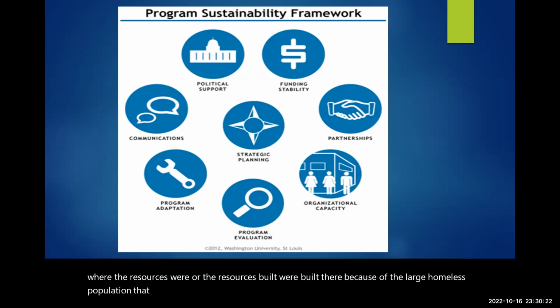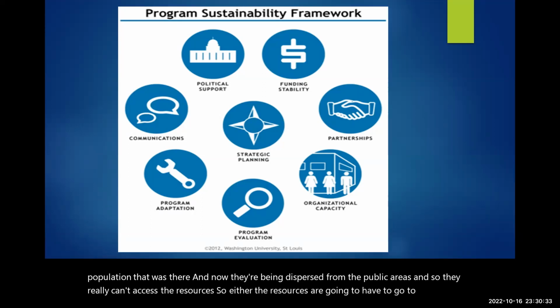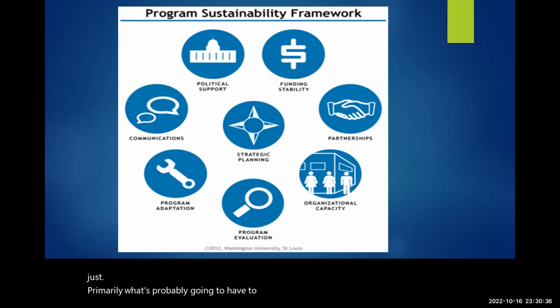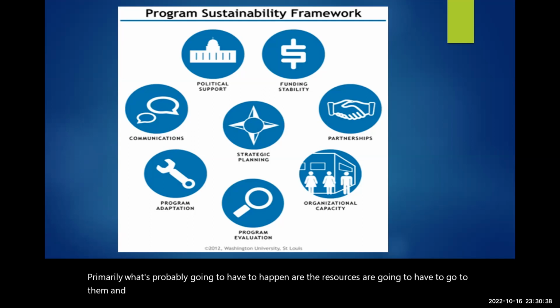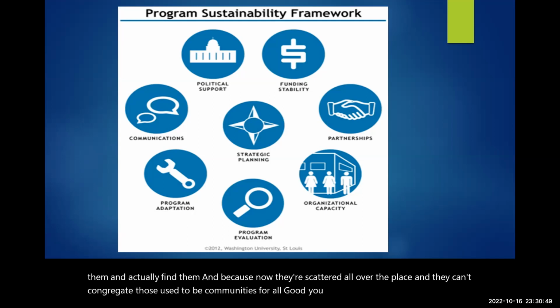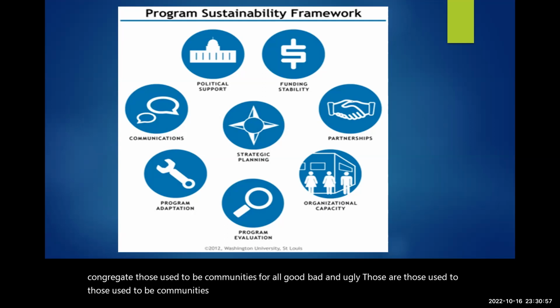Now they're being dispersed from public areas, and so they really can't access the resources. So the resources are going to have to go to them and actually find them, because now they're scattered all over the place and can't congregate. Those used to be communities, for all good, bad and ugly, before the banning of them in public areas.